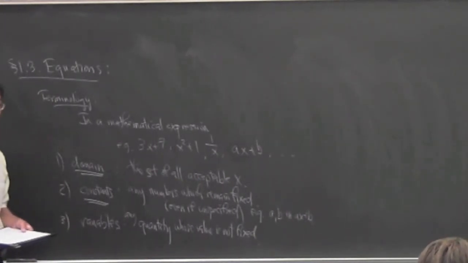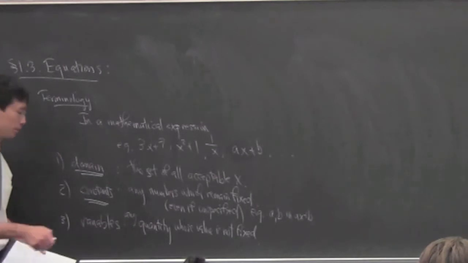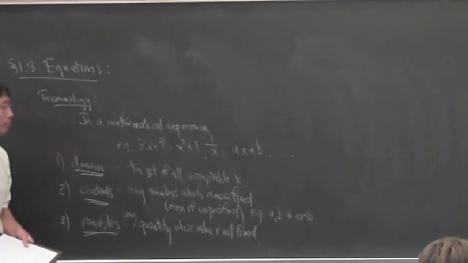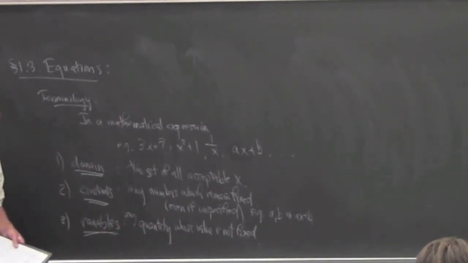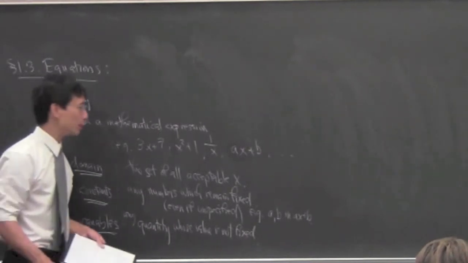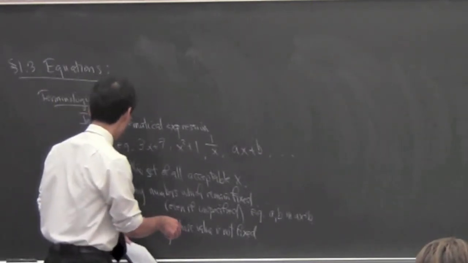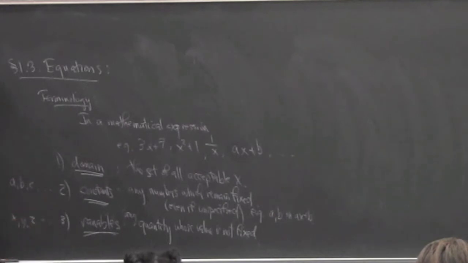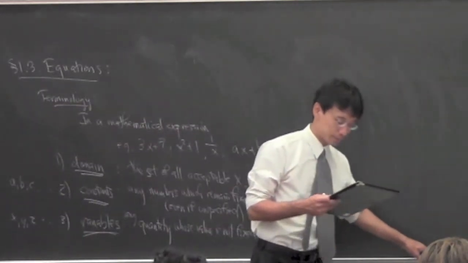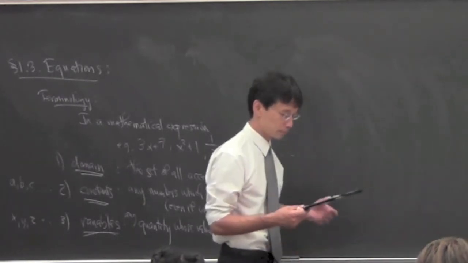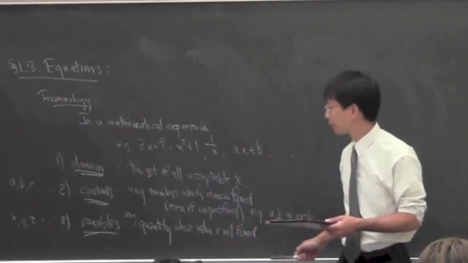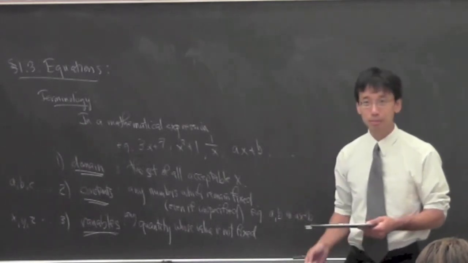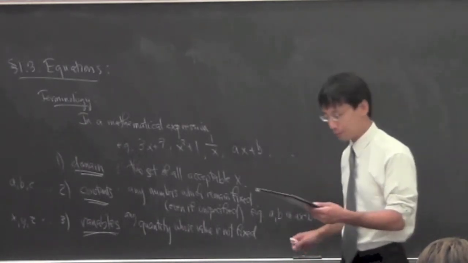And the convention since the Middle Ages has been that one uses letters at the beginning of the alphabet for constants and letters at the end of the alphabet for variables. That's just how they did it in the Middle Ages, and it's sort of stuck.